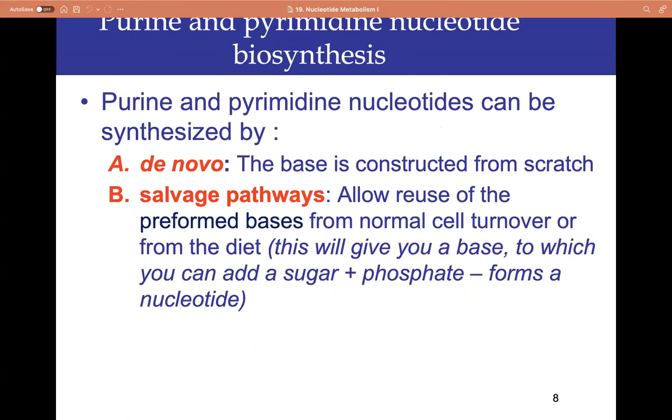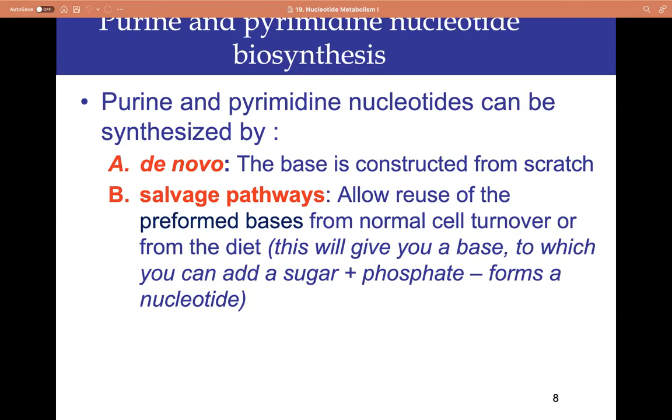Purine and pyrimidine nucleotides can be synthesized in 2 ways. De novo means that the process is occurring from scratch internally, so a completely new process, with completely new purines and pyrimidines being produced. A salvage pathway, on the other hand, is when cells basically recycle purines or pyrimidines to produce a base, which can then be used again to form a nucleotide.